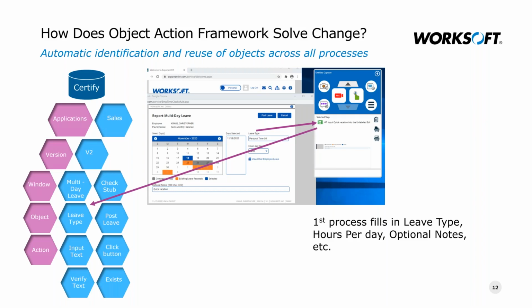So our object framework takes all of those individual little pieces and turns them into an object that we can understand. When we have captured what the business user does in the background, we create a set of abstract objects and we try to understand the goal.